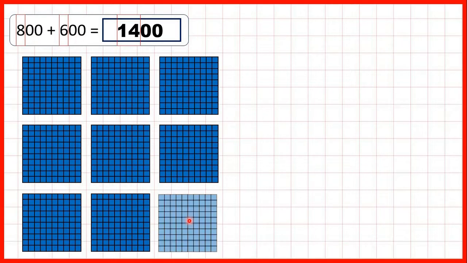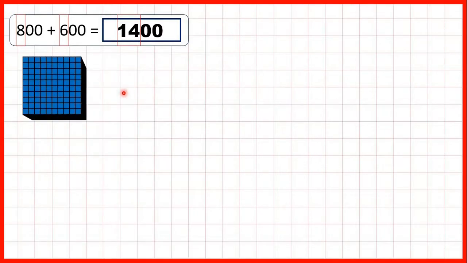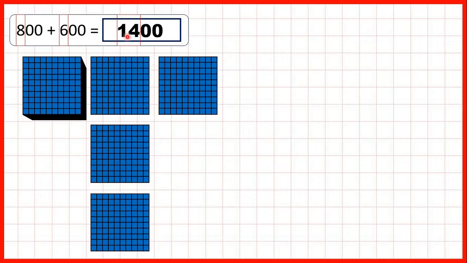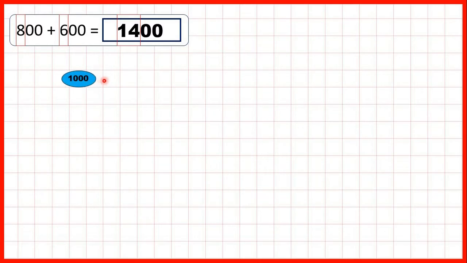We can add 1, 2, exchange, then add 3, 4, 5, 6 hundreds to give us 1,400 as our answer. Or with place value counters, again, we can add 1, 2, exchange, then add 3, 4, 5, 6.